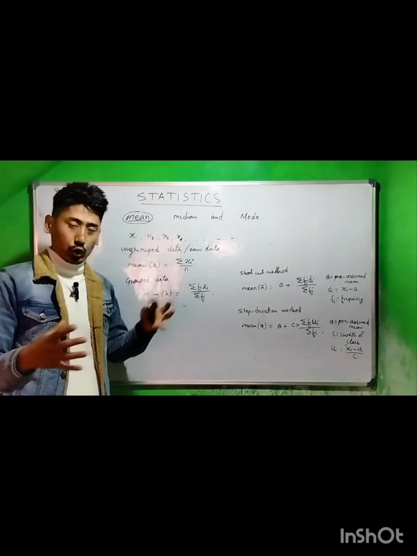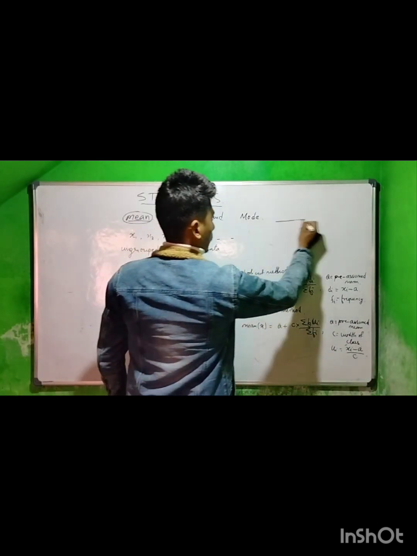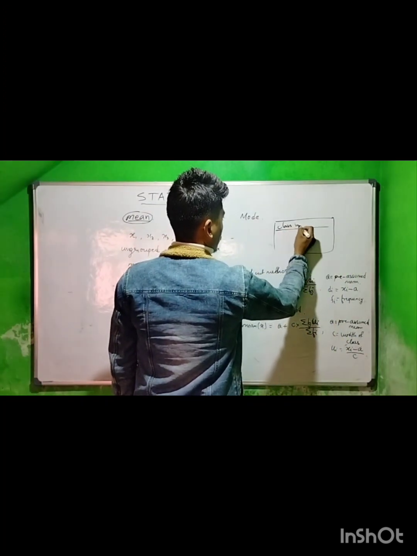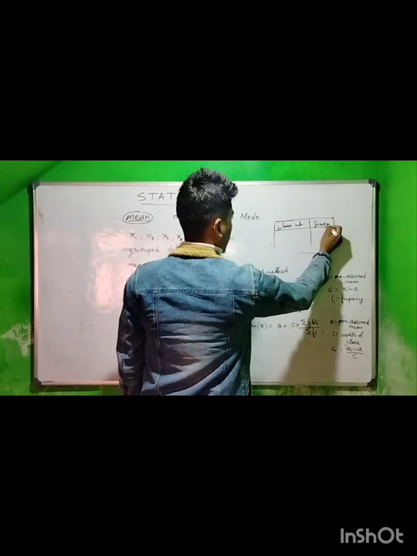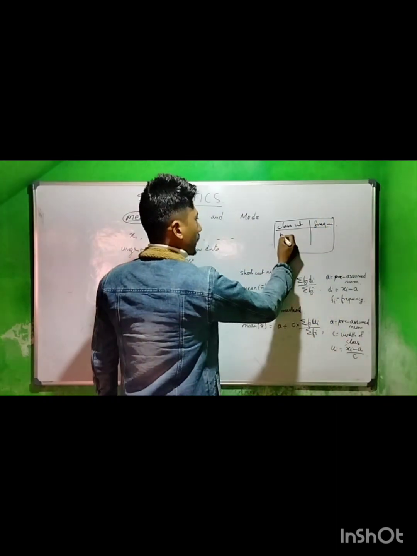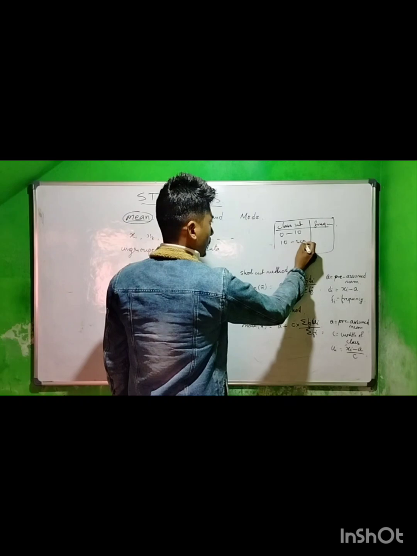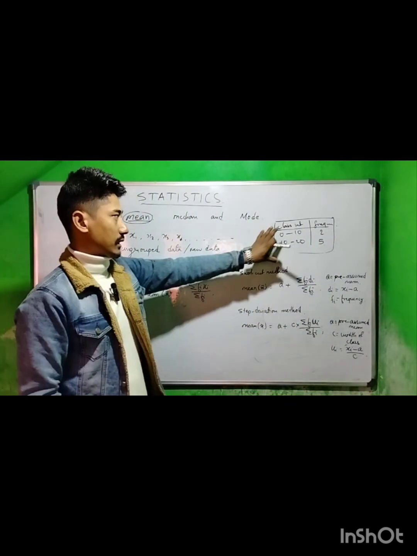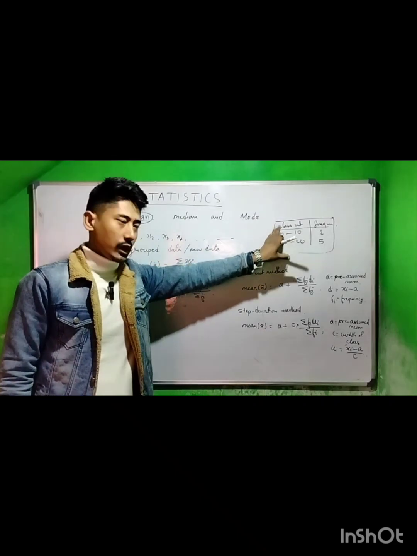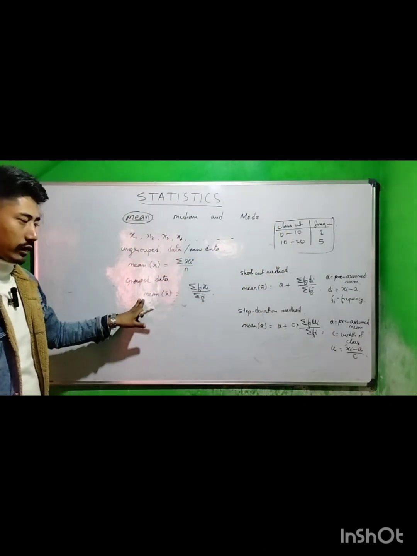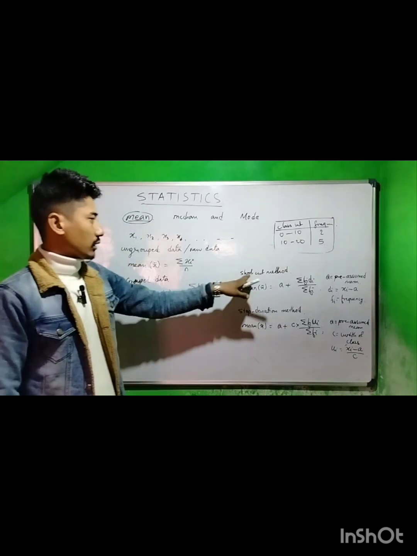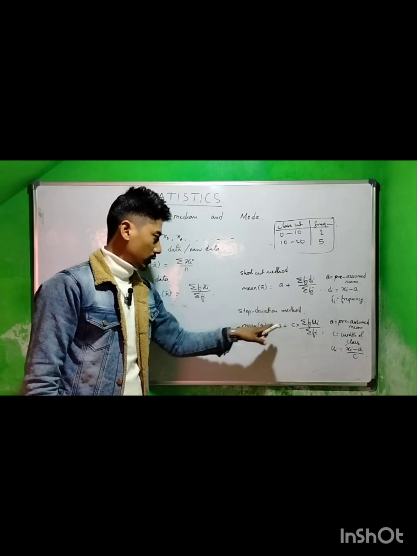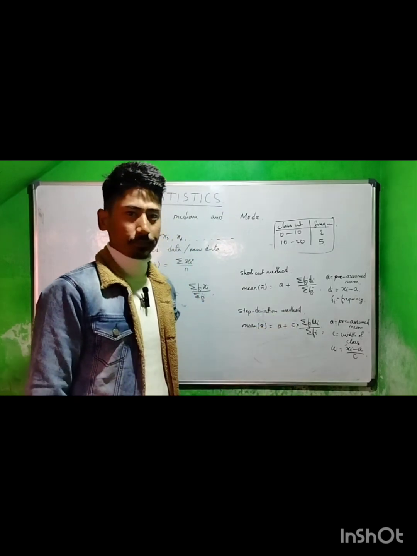If the data are grouped, like a table of class interval and frequency, that is number of students or number of workers, say 0 to 10, 10 to 20, with frequencies 2, 5, then this is grouped data. You can use this formula to find mean, or the shortcut method by this formula, or the step deviation method by this formula.